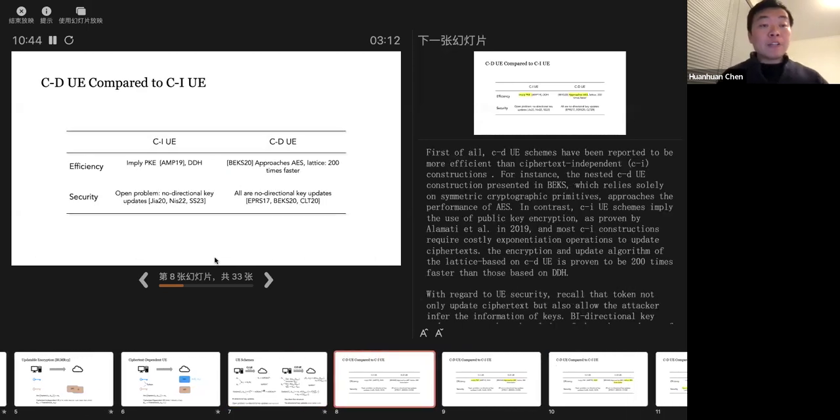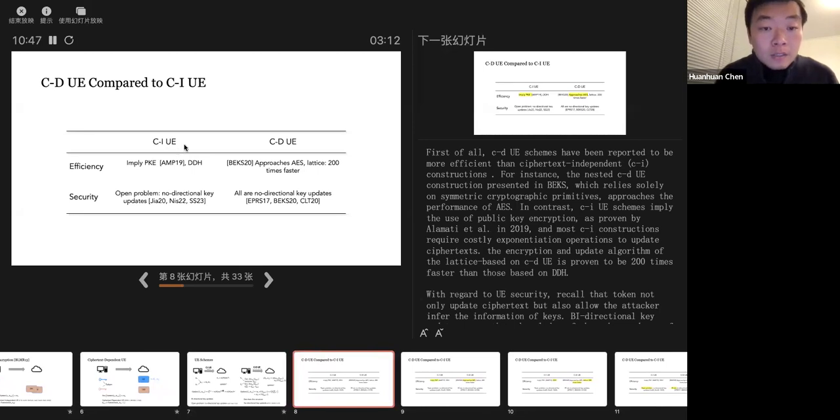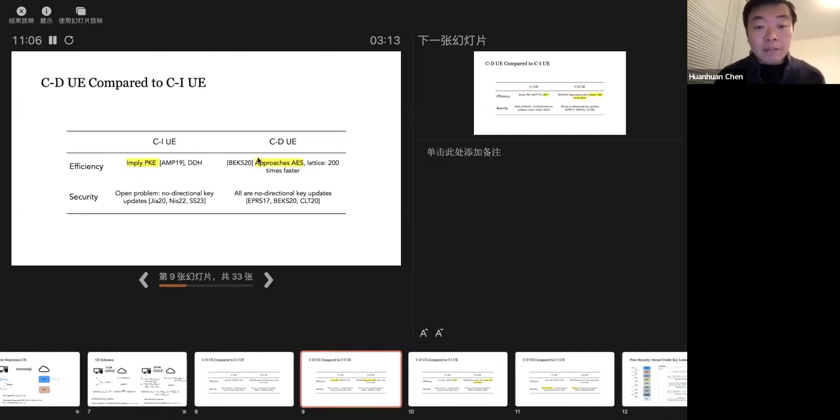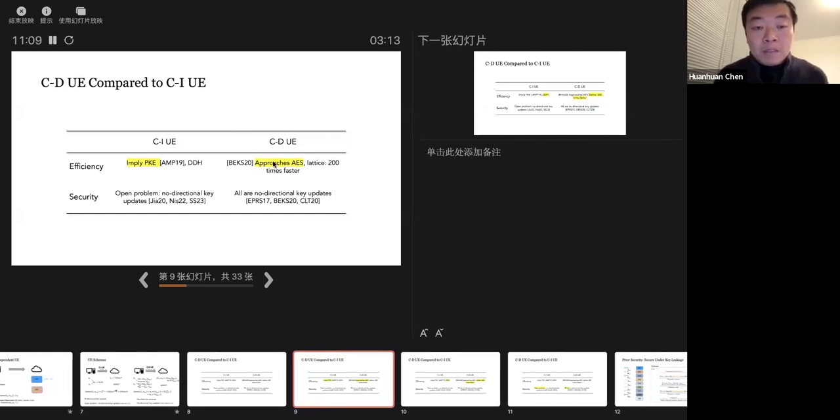So we can make a comparison here. Ciphertext-dependent UE, even if it seems like the ciphertext header should be downloaded in token generation, also has some advantages in efficiency and security. Ciphertext-independent UE has been proved to apply a PKE scheme, but for ciphertext-dependent UE, the nested schemes proposed by Boneh show that it approaches the performance of AES.